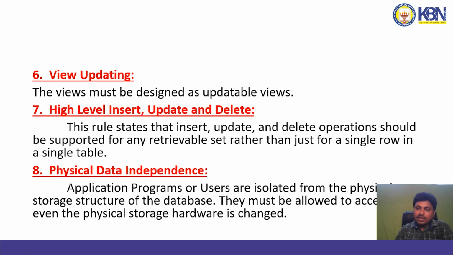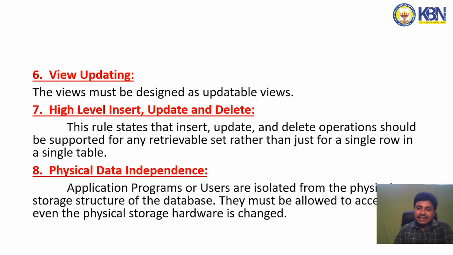So next rule, physical data independence. Application programs or users are isolated from the physical and storage structure of the database. They must be allowed to access even if the physical storage hardware is changed. That means we store the data in the form of tables.